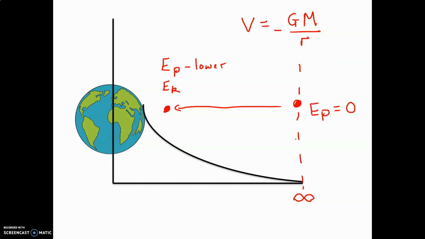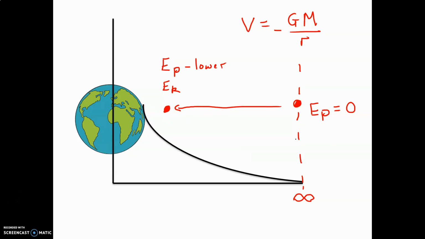And you can see from this simulation here, the fact that the gravitational potential starts at 0 and is decreasing must mean that the gravitational potential takes on a negative value, and it becomes more and more negative the closer you get to the surface of the Earth.